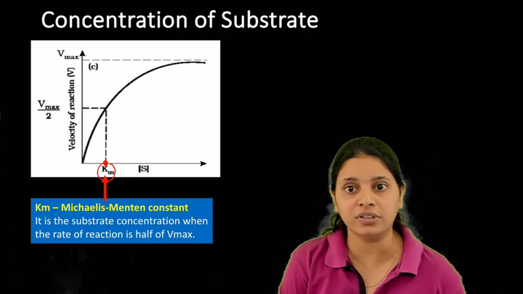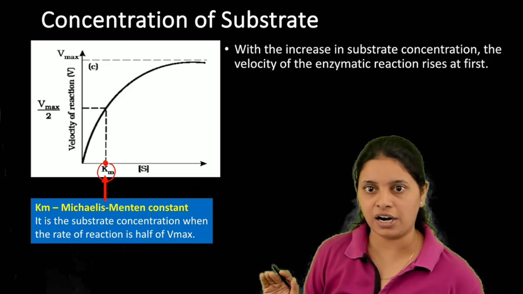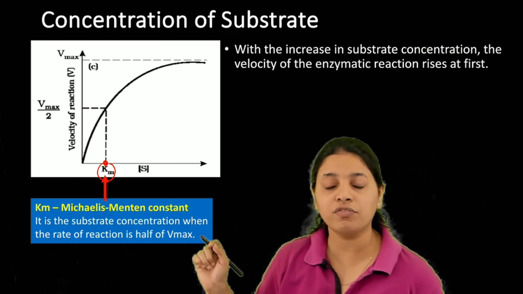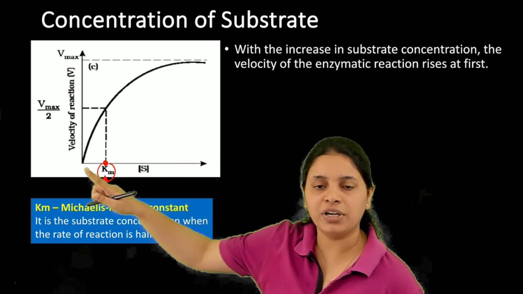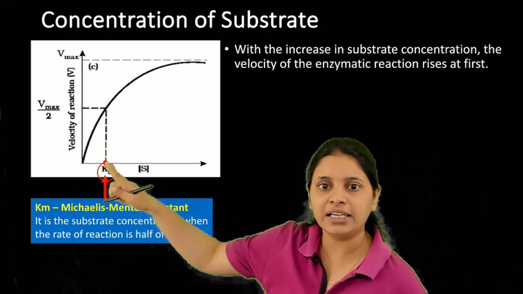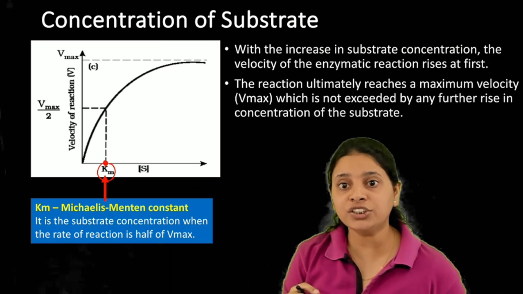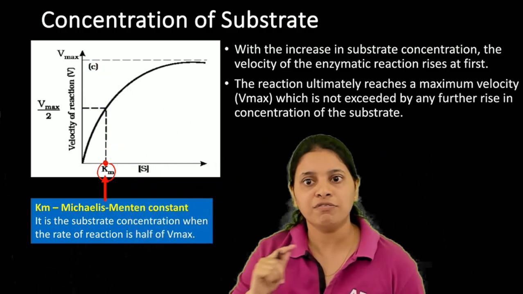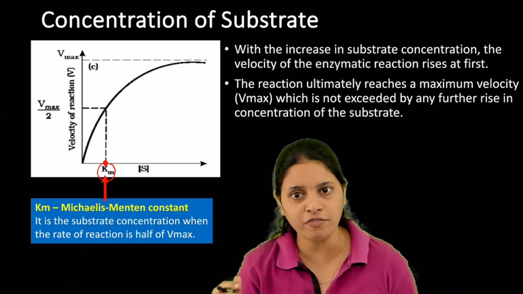This is very important. So let's conclude what we have studied from the graph. With increase in substrate concentration, the velocity of the enzymatic reaction rises at first. So initially, when you start from zero and start adding substrate, the rate is increasing. The reaction ultimately reaches a maximum velocity, that is Vmax, which is not exceeded by any further rise in the concentration of substrate.